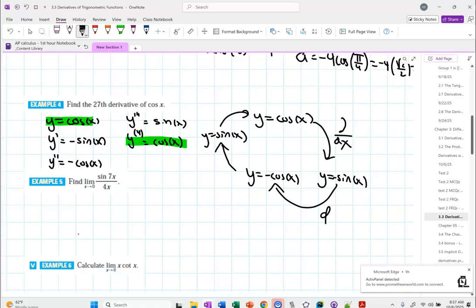So 1, 2, 3, 4 derivatives gets us back here, right?